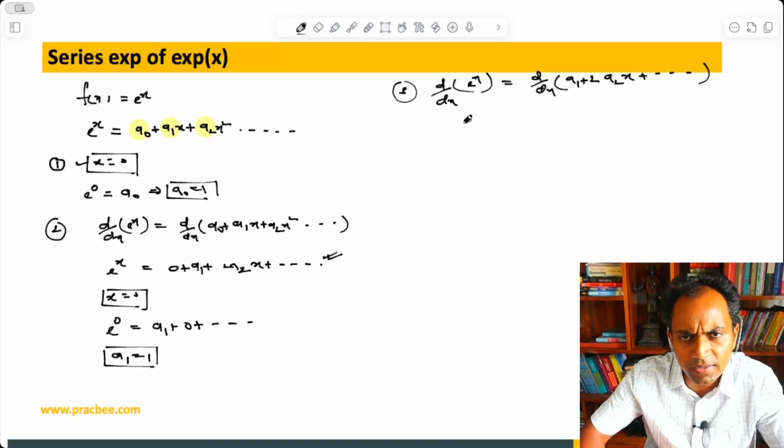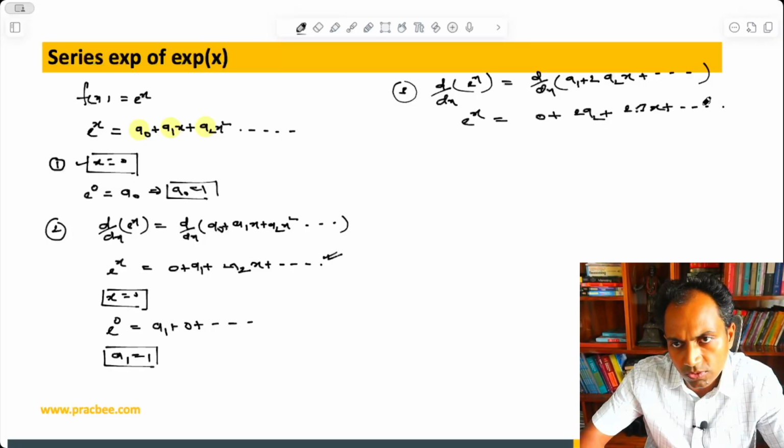If I repeat it, left hand side becomes e raised to the power x, this will become 0, this will become 2a2. The next part will become 2 into 3 a3 x and so on and so forth. There would be an a3 as well. So let us write a3, then 2 into 3 times x and then other terms.